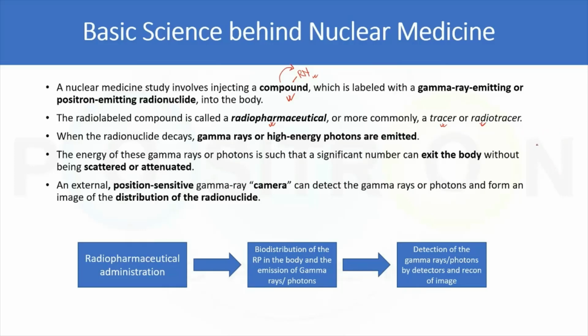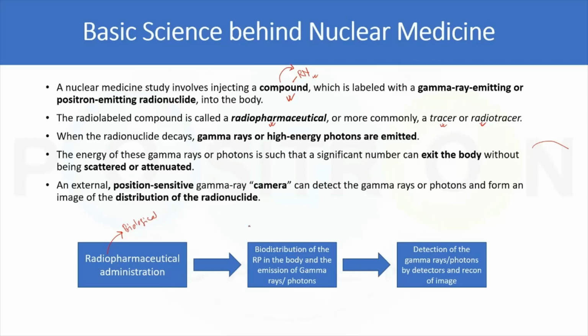And there is an external position sensitive gamma camera. It can detect the gamma rays or the photons and can form the image of the distribution of the radionuclide. So in summary, we can sum up how a nuclear medicine scan is done. It all starts with administration of the radiopharmaceutical, and this pharmaceutical is specific for a given biological process.